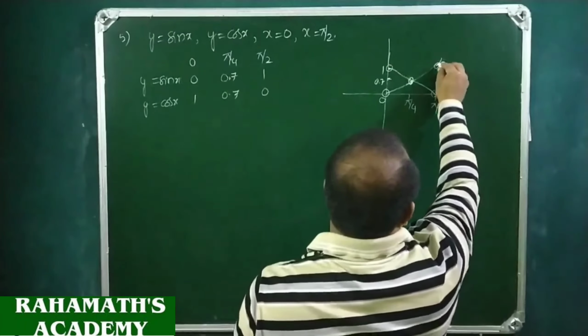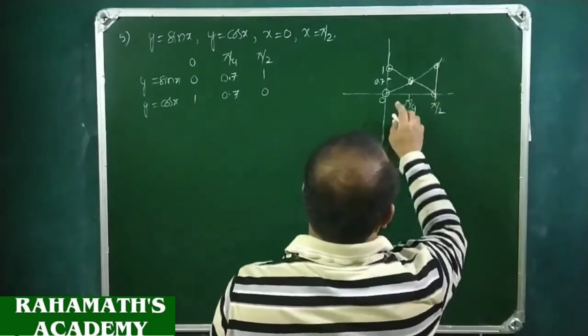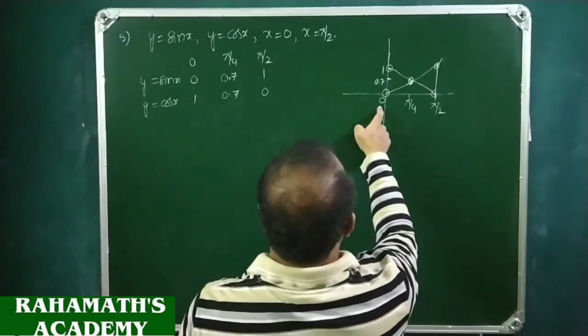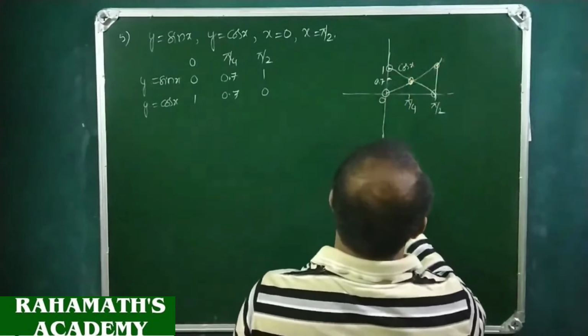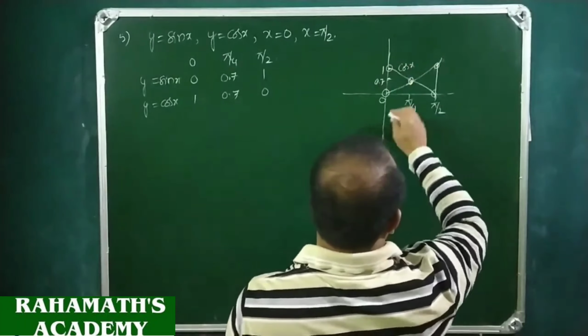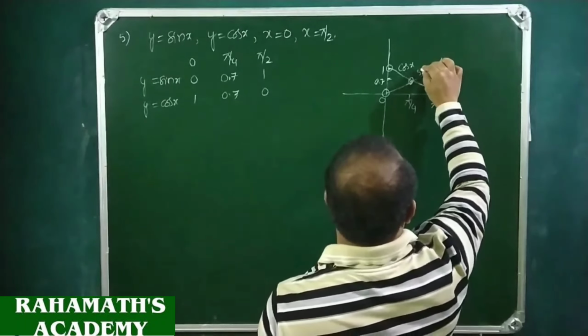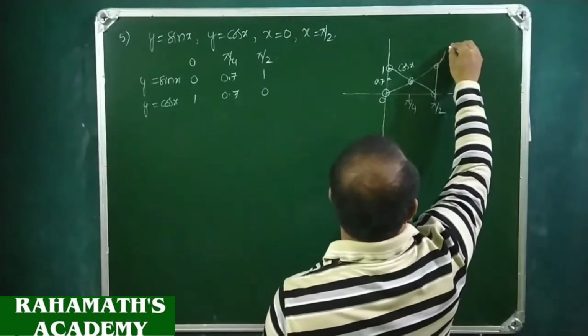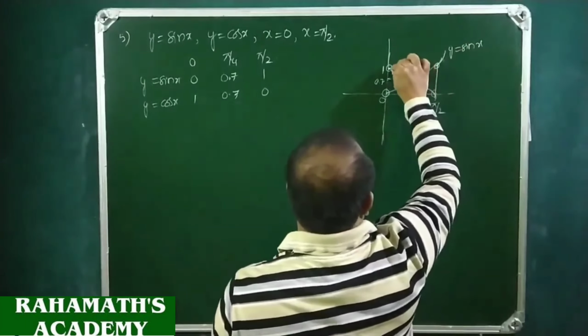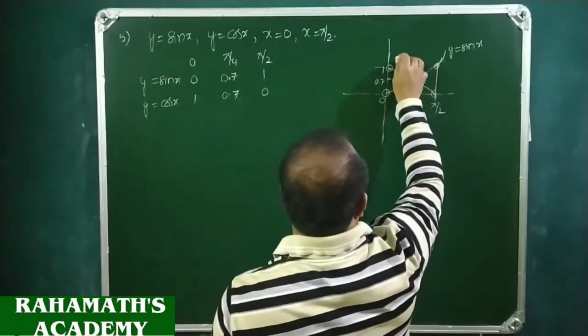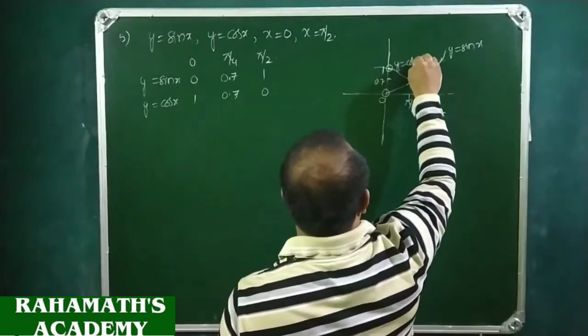So, this is x equals pi by 2. So, what is this? 0, 1. This is cos x and this is sin x. This is y equals sin x and this is y equals cos x.